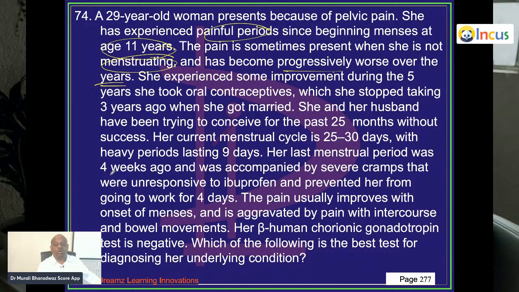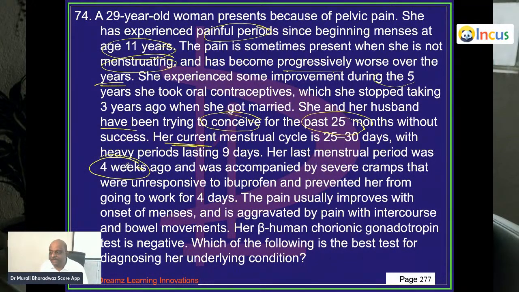But when she took oral contraceptives, there was some amount of improvement. She and her husband have been trying to conceive for the past 2 years, but she is not able to. Her last menstrual period was about 4 weeks ago, and now she is having severe cramps unresponsive to ibuprofen.